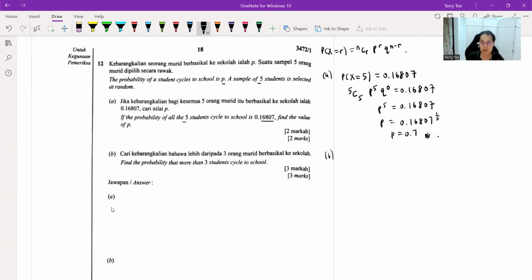I've got my p already. Next, find the probability that more than 3 students cycle to school. More than 3 means 4 or 5. I already have the probability of 5, so I just have to find the probability of 4.